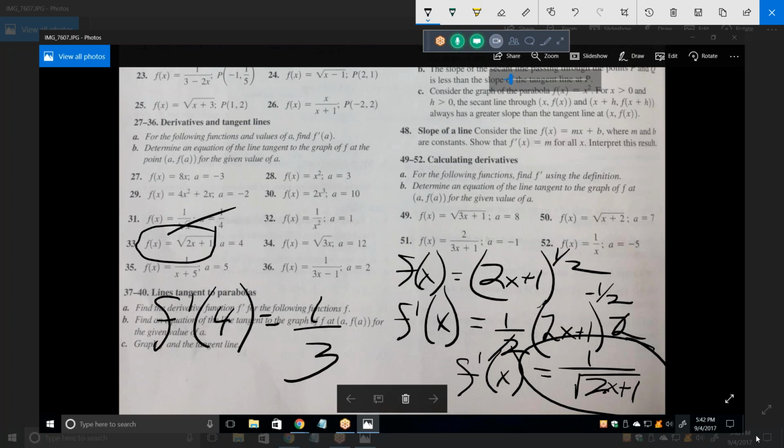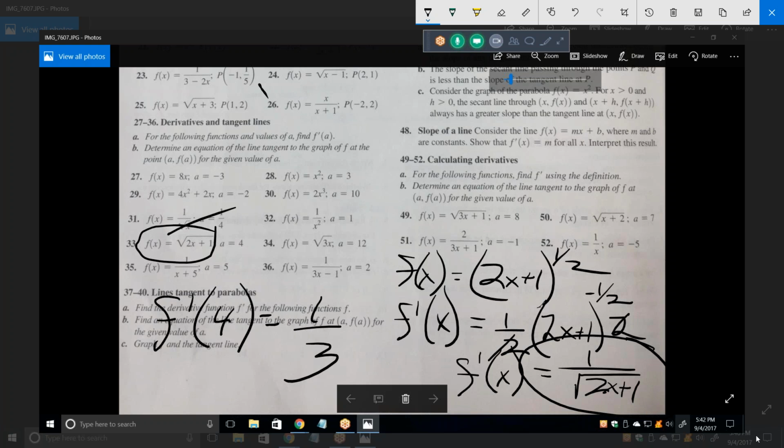It's the equation of that tangent line. A little tricky. What's the general equation of a line in point slope format?